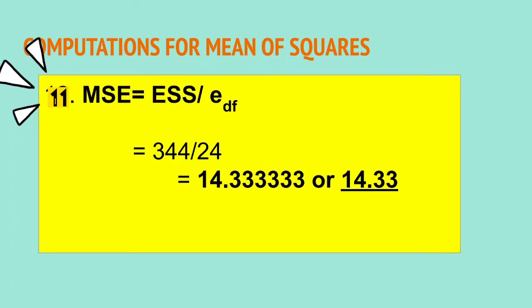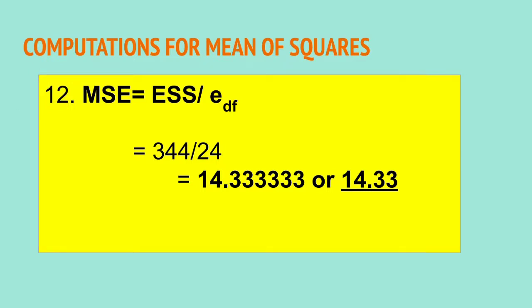In number 11, the formula is MSE equal to ESS divided by EDF, equals 344 divided by 24, which is equal to 14.333333, or 14.33.